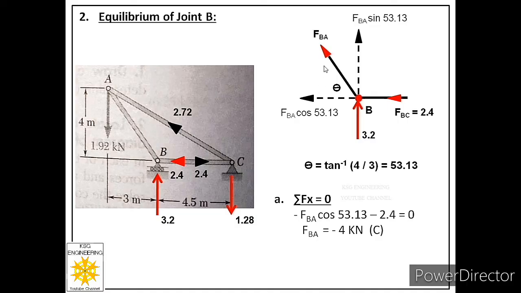That means that assumption is wrong. So FBA is not a tensile force, it is a compressive force, that means acting towards joint B. Next to the answer we have written the letter C, that is for compressive force. So in member BA, the nature of the force is compressive. It is acting towards joint B and its magnitude is 4 kilonewtons.